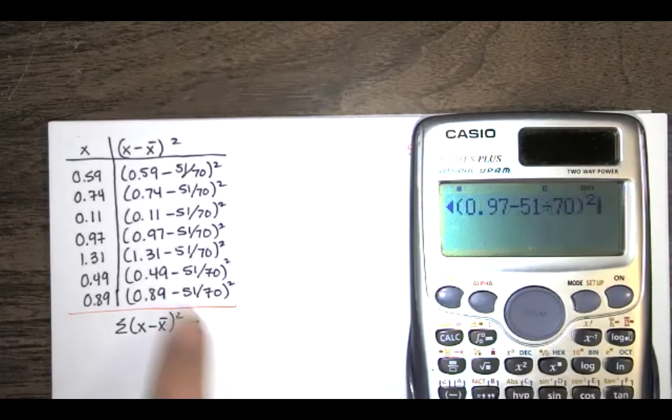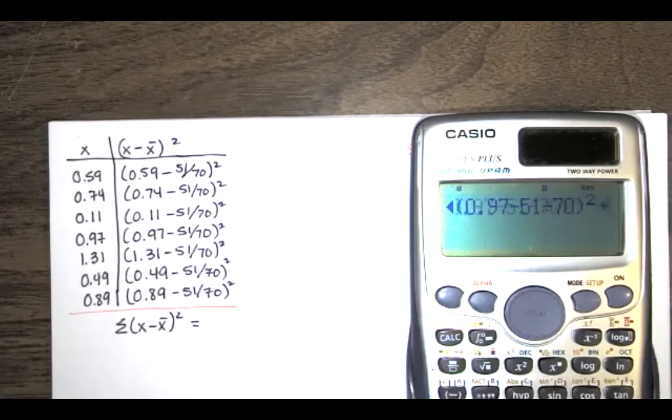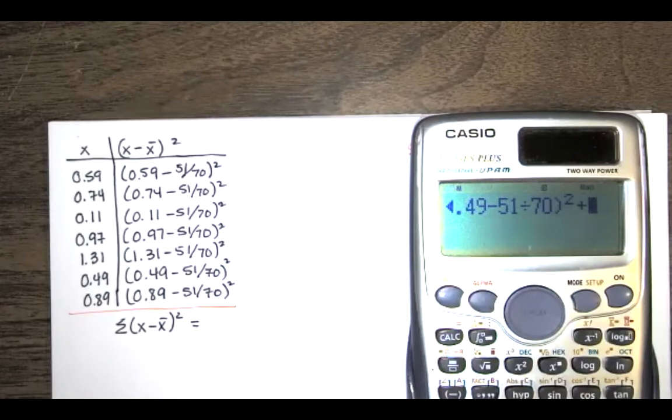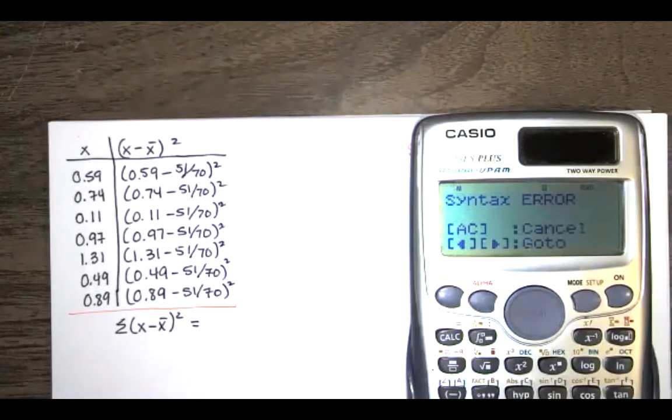So that's that one, plus 1.31 minus 51 over 70, square it, then 0.49 minus 51 over 70, square that as well, add 0.89 minus 51 over 70. Oh, look, I don't know if it'll let me. Looks like it's saying you've run out of space. So I'll delete that and delete that. And this is going to give me all of those except for this last one. So I'll say equals. I didn't like it.